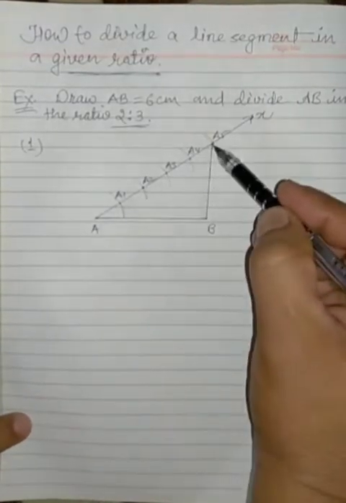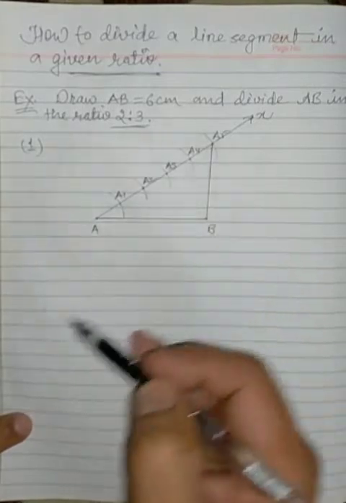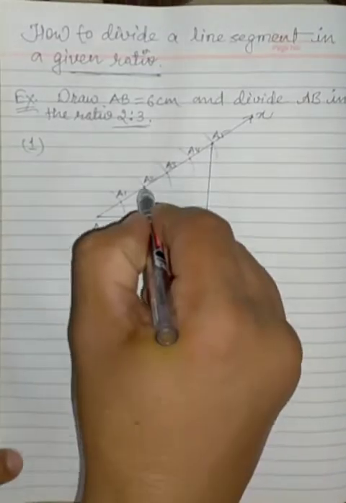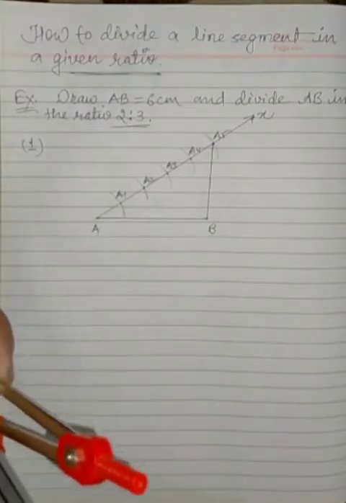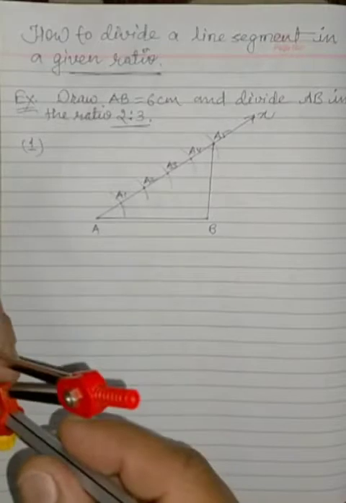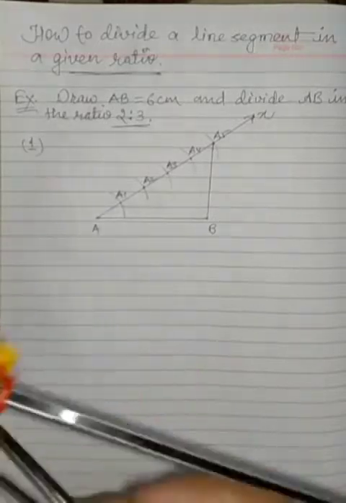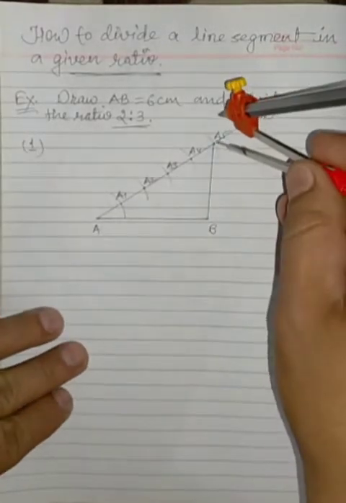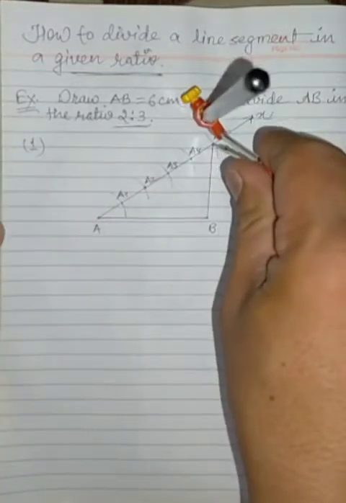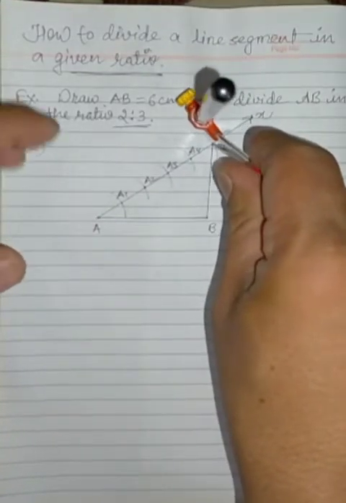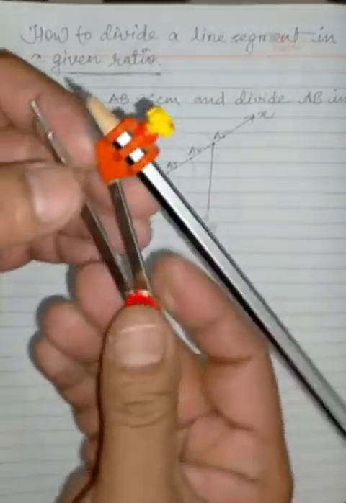We have to draw a line parallel to this line A5B. For this, the method is, first of all, from A5 you will draw an arc of any radius. The arc which we have taken here is the previous length.